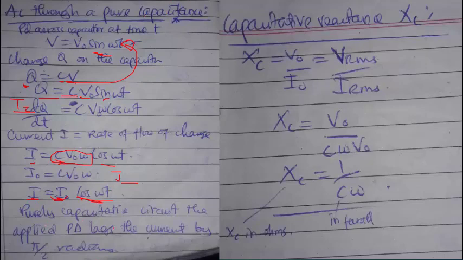So for a purely capacitive circuit, the applied PD lags the current by pi over 2 radians. That justifies the difference: voltage in sine, current in cosine.